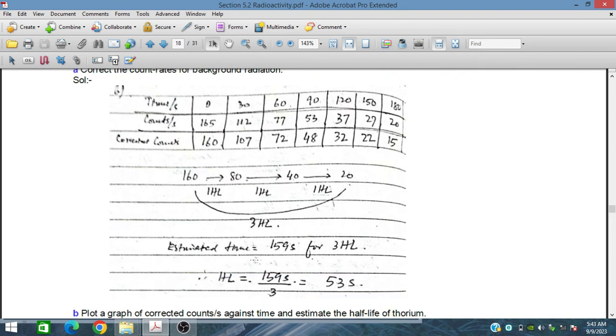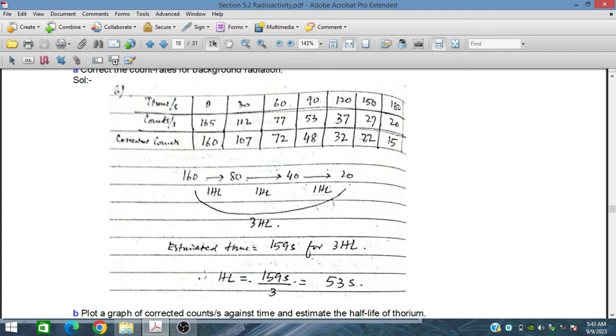We know that from 160 to 20, 3 half-lives will elapse. So the estimated time is approximately 159 seconds, in the range where the value will be around 22 to 20.